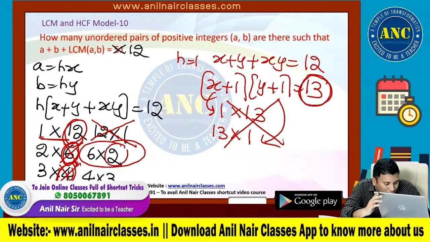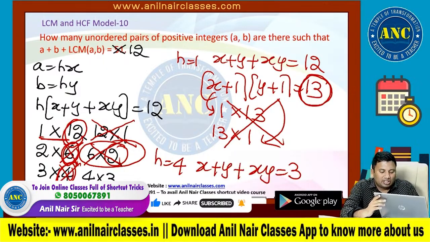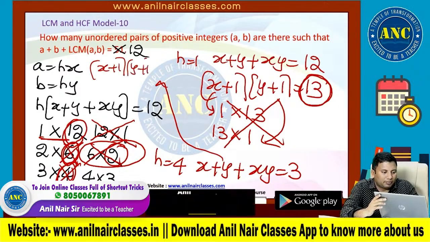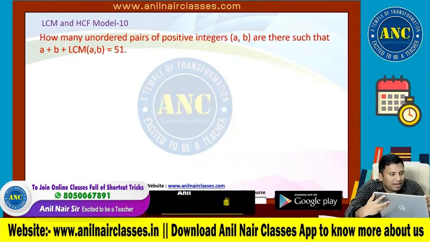If it is 2, if I am adding 1, both the cases are cancelled. This case, slowly you can do it a little later. X plus y plus xy is 3. This will become (x plus 1) into (y plus 1) is 4. 4 will give you only 2 into 2. Forget about this question.